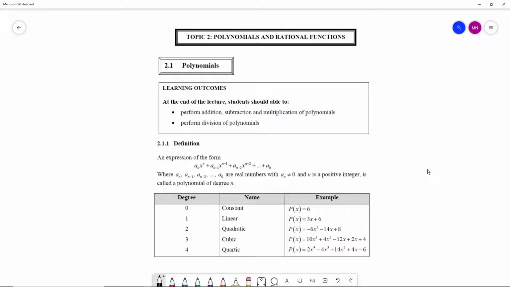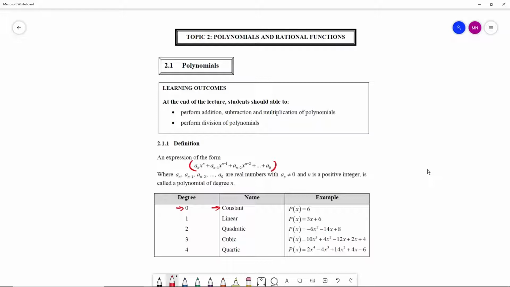Okay, what is a polynomial? A polynomial is an expression in the form of ax to the power of n, and the degree of the power is reduced by 1 in each term. You can see in the table that the degree can be 0, which is called a constant, the same as a constant function that has no x, so it becomes a constant function.